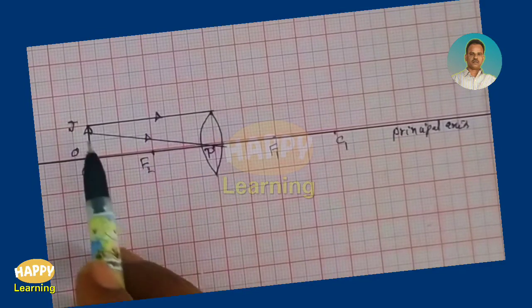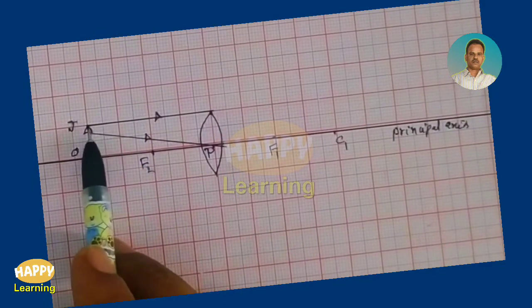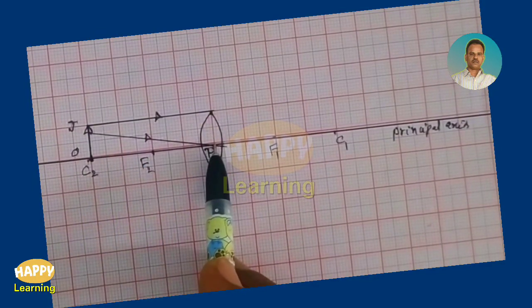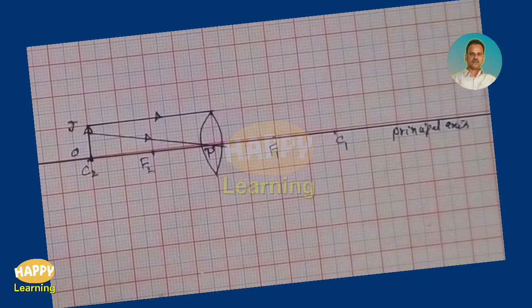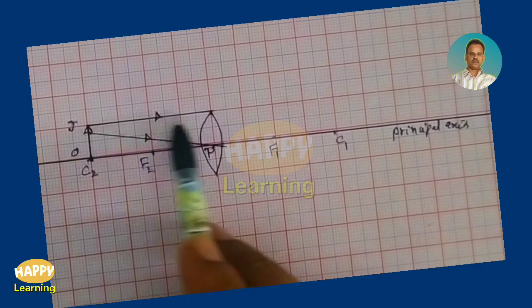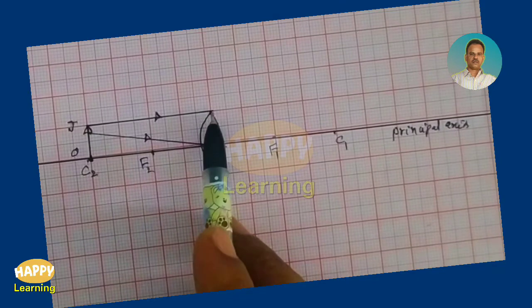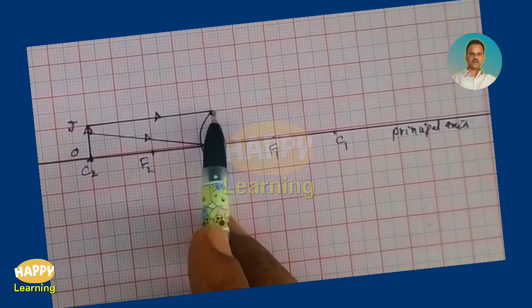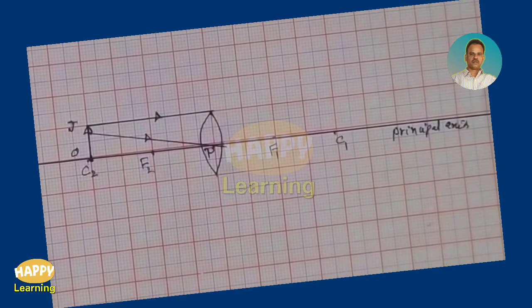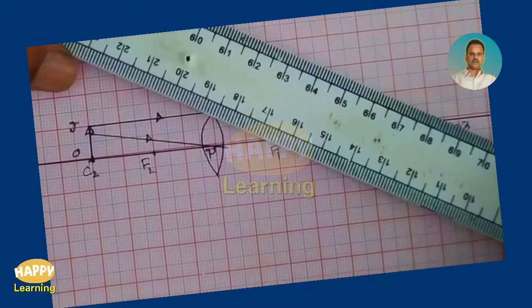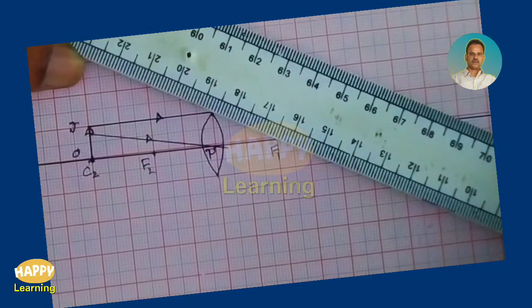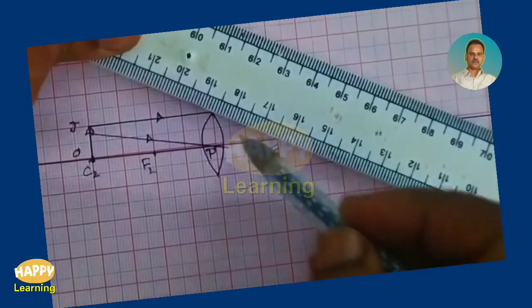I have selected two rays, one ray parallel to the principal axis and one ray from this object passing through the optic center. Then what is the rule? This ray which is parallel to the principal axis, after passing through the lens, will pass through the focus on the other side.